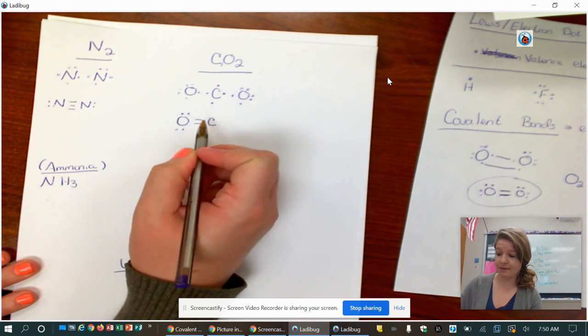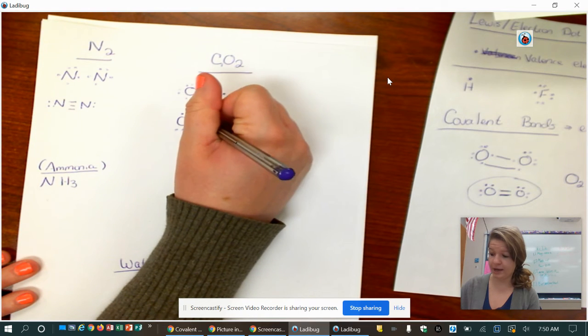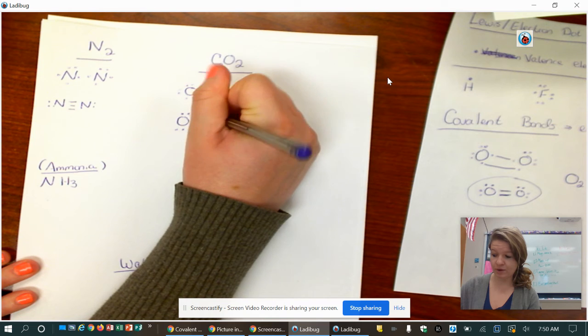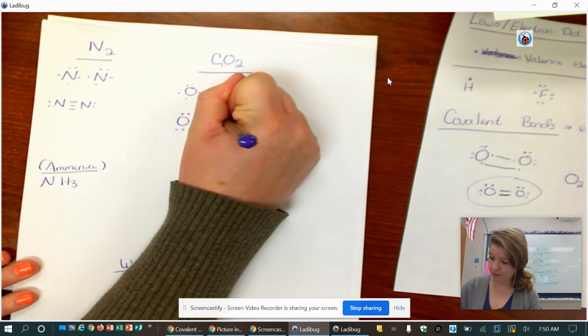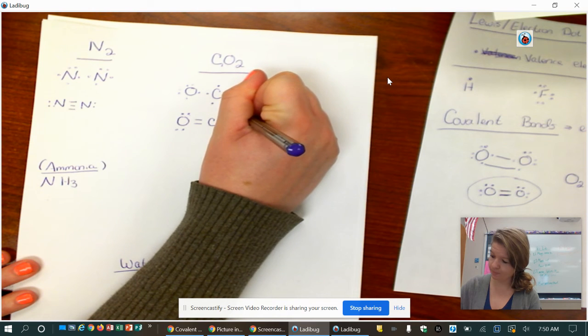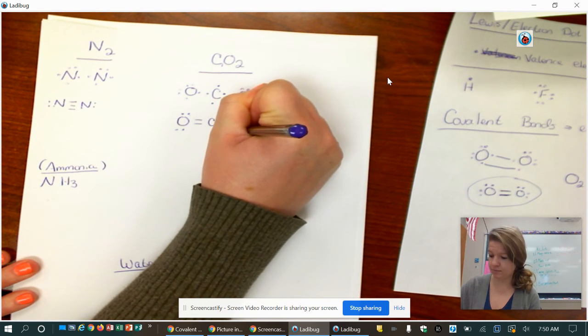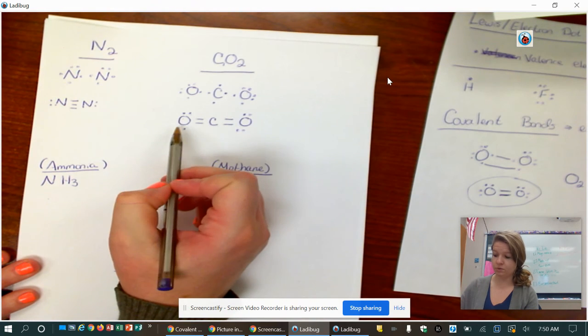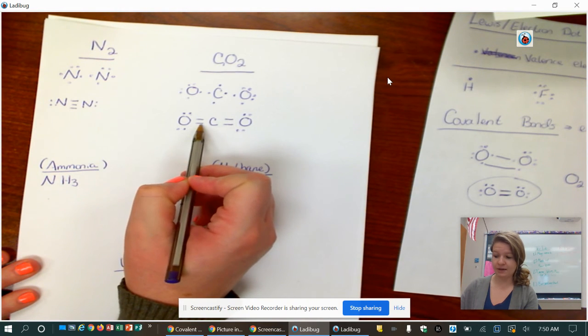So this oxygen is happy. Carbon has 4, so now it's halfway there. Right here, we form that other double bond to this carbon, add our 2 electrons, and we have that full octet there.